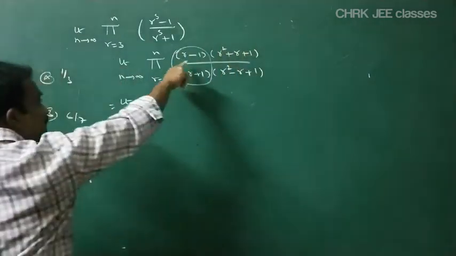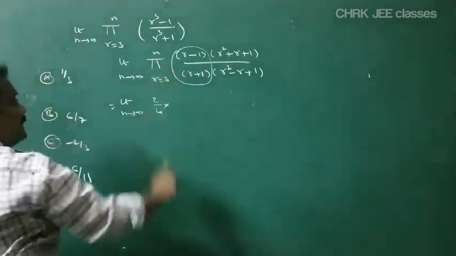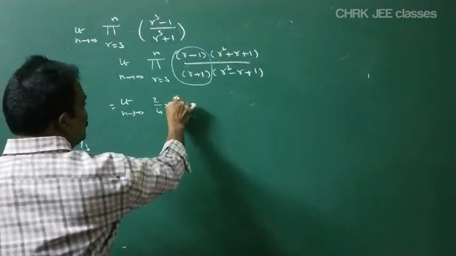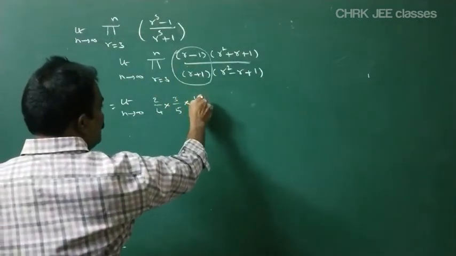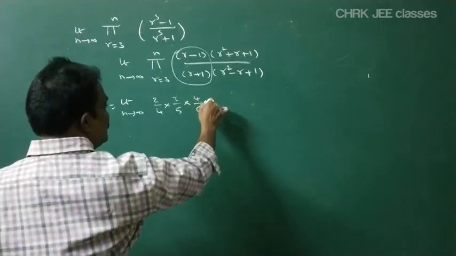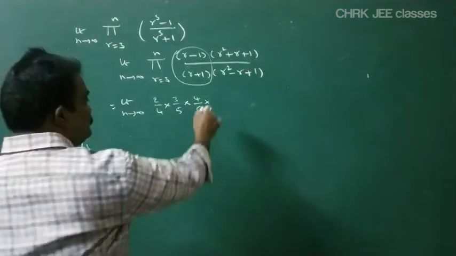By substituting 3 here, 2 by 4 into. By substituting 4, 3 by 5 into. By substituting 5, 4 by 6 into. So on.